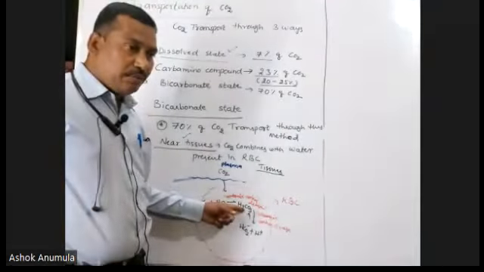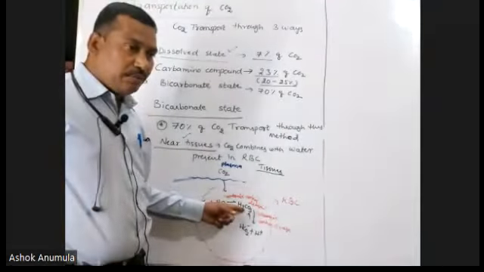Through the plasma, through the RBC wall, two substances change in the opposite direction.